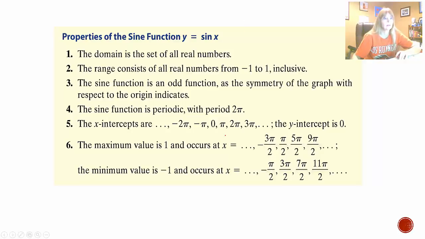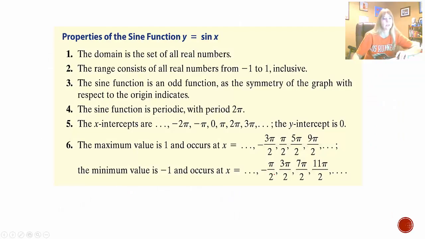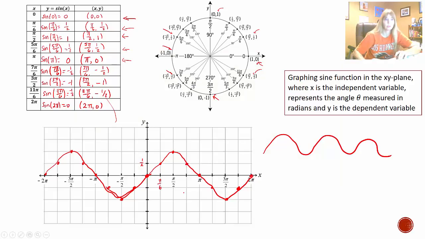The x-intercepts are -2 pi, -pi, 0, pi, 2 pi. The maximum value is 1 and the minimum value is -1. Once again, you can see that by my graph.